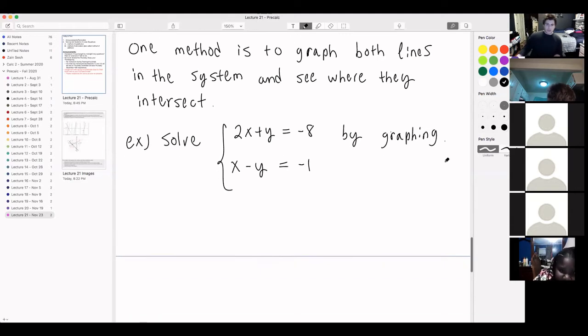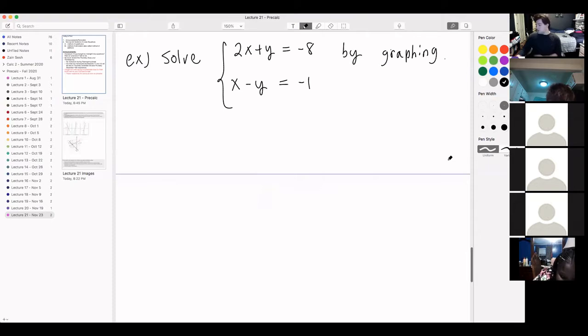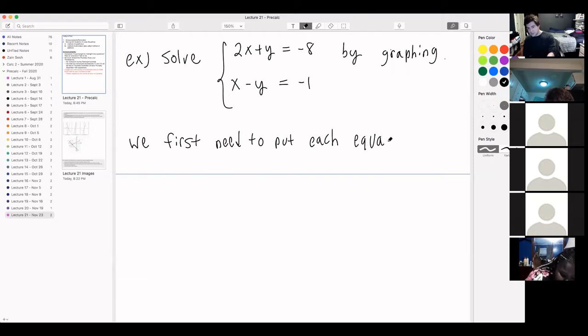Okay, so we need to just graph both of these equations, and I think the best way to do it is to first put each equation into y equals mx plus b form.